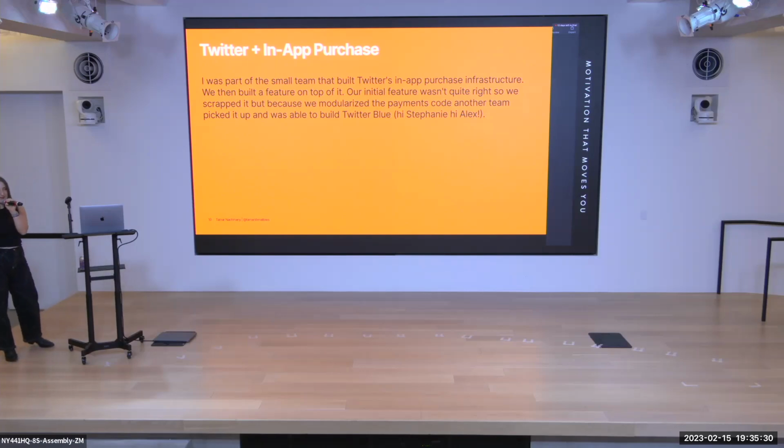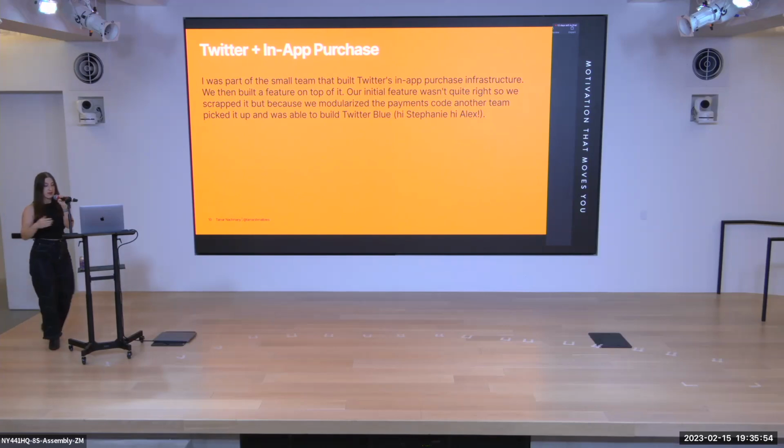But then Twitter Blue, which is infamously blue check marks for everyone who pays, was a feature on top of this payments framework. That's just an example of where breaking the core functionality out into a separate part of the code base lets you build more things and iterate faster.